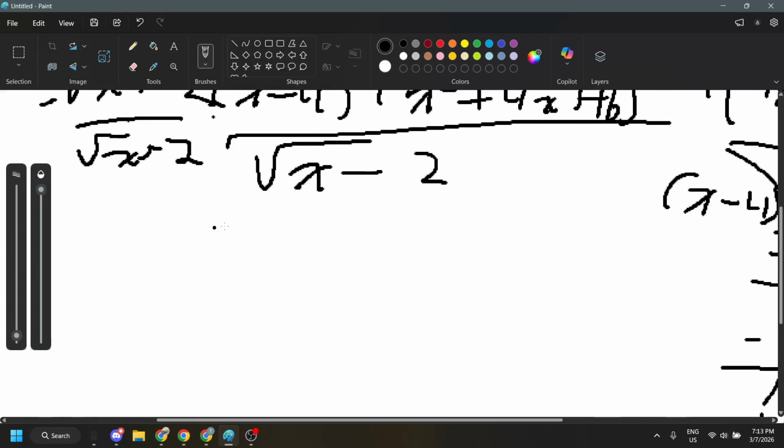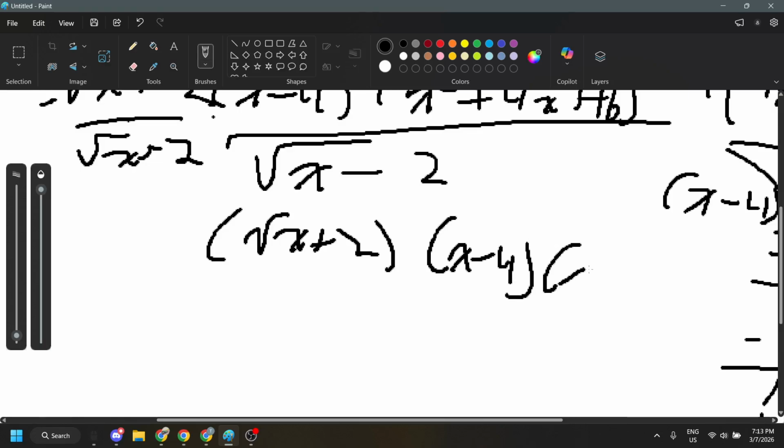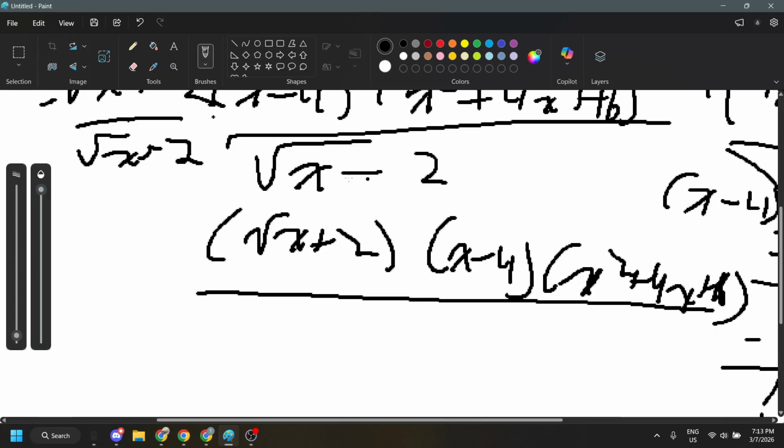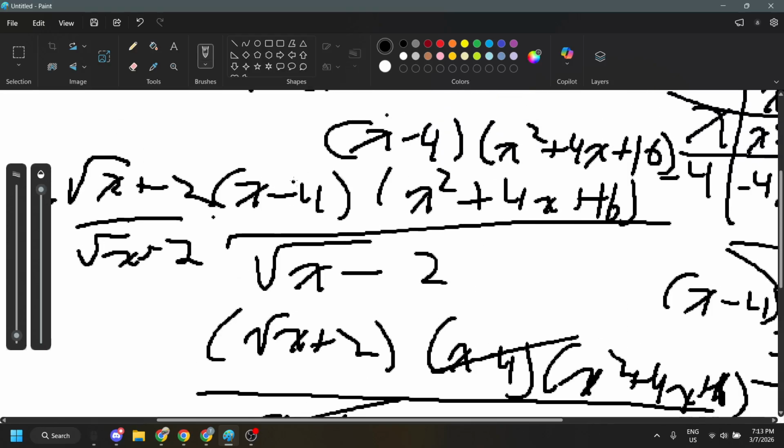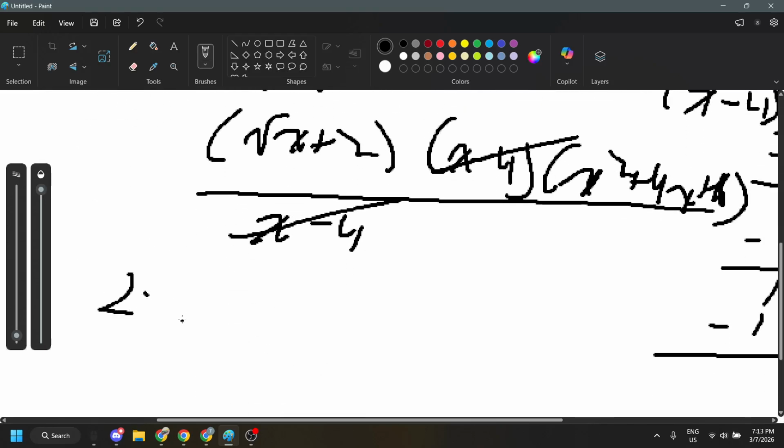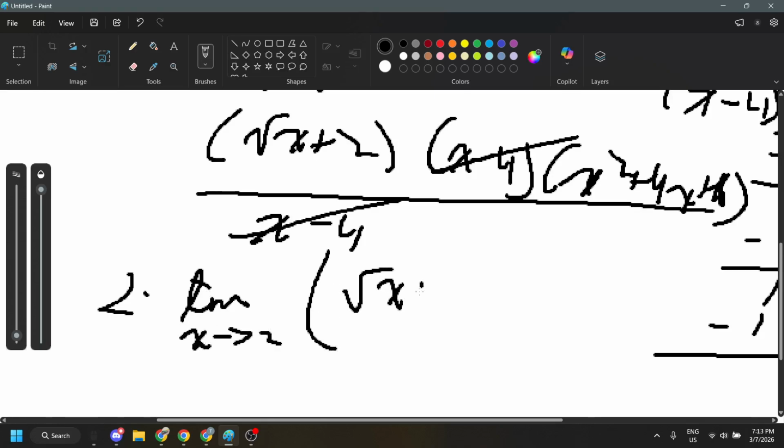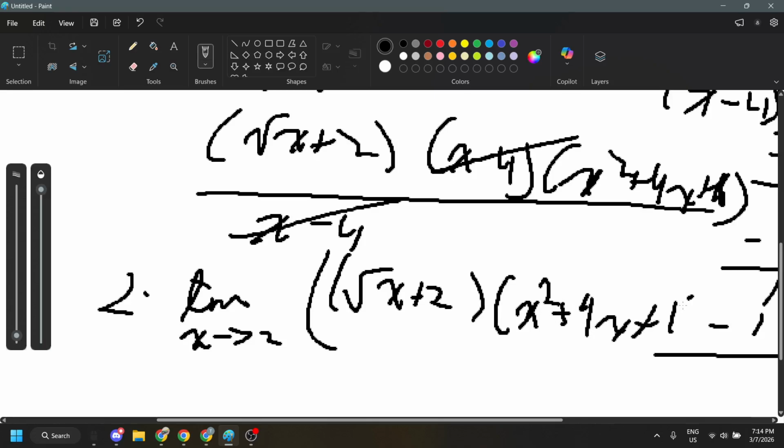So now we got square root of x plus 2 times x minus 4 times x squared plus 4x plus 16 over the difference of two squares. We have x minus 4. These two cancel out. And now we're left with 2 times the limit as x goes to 4 of root x plus 2 times x squared plus 4x plus 16.